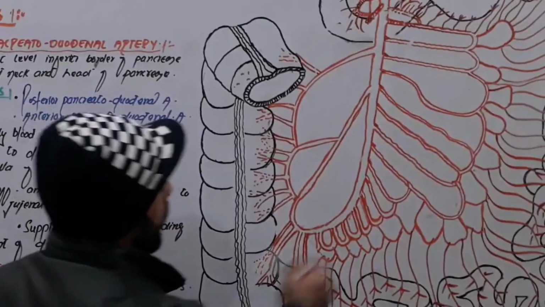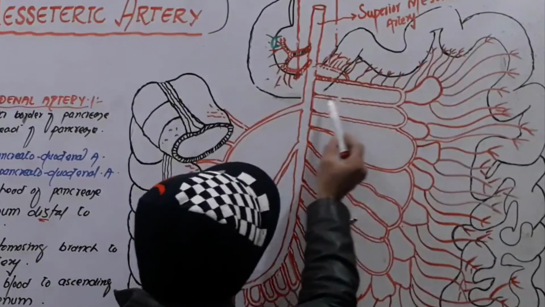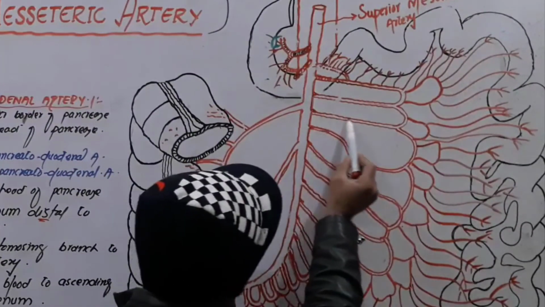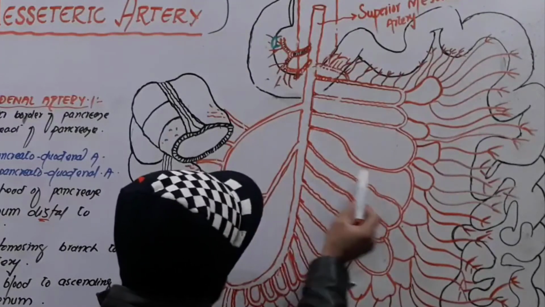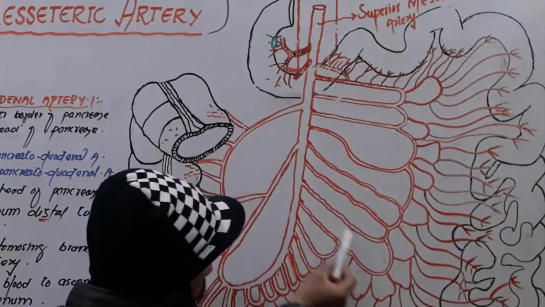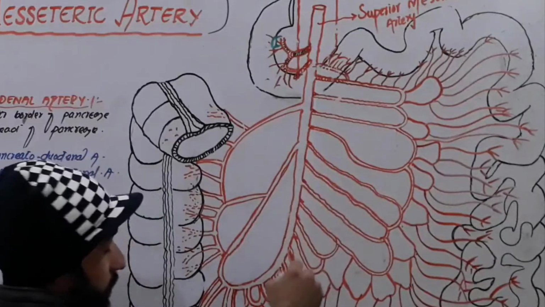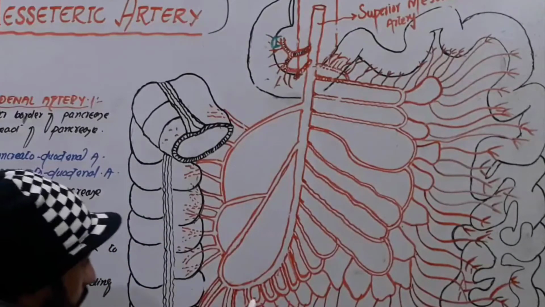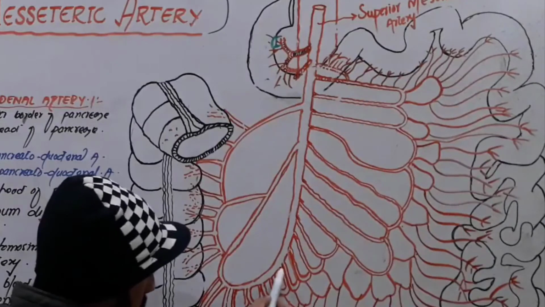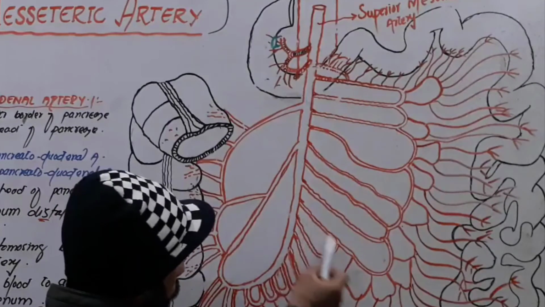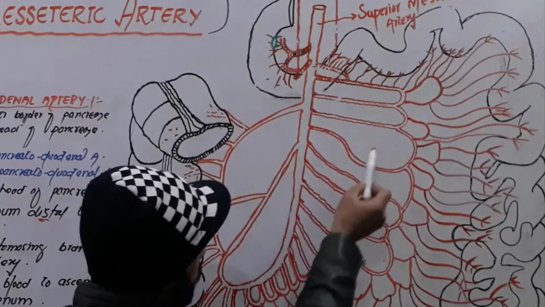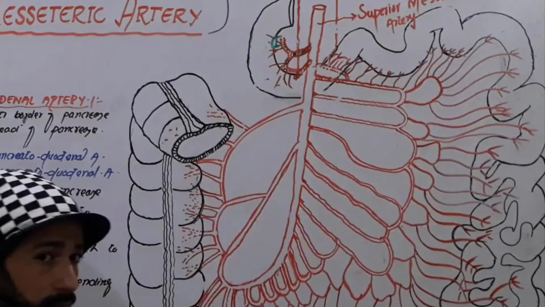These are the branches which are called the jejuno-ileal branches. These are the first branches from the superior mesenteric artery which arise directly from it. These small branches are called the jejuno-ileal branches, which are going towards the jejunum and ileum.